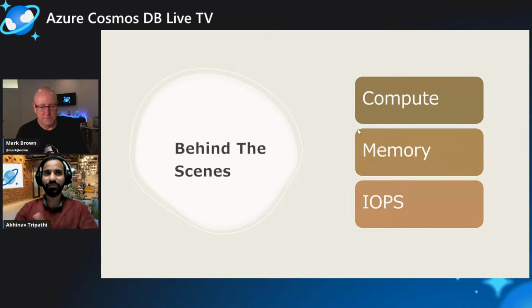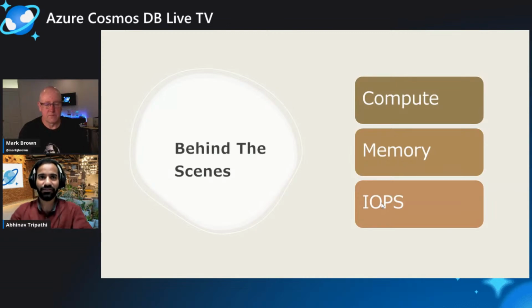So what Cosmos DB does is abstract out these details and tell the users there is a virtual currency, which we call request units. We abstract out the compute, memory, and IOPS; the user doesn't have to worry about what is happening under the hood.